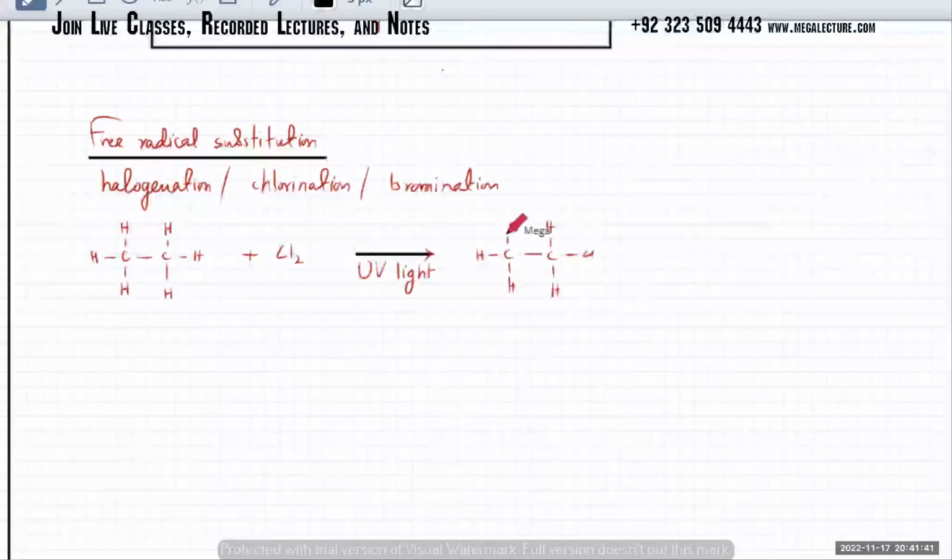And the H that got substituted will also bond with chlorine, so it will form HCl. And it's not just one Cl; it could be any number of Cls. So you could have multiple displacement. Any number of Cls could be involved in the substitution.